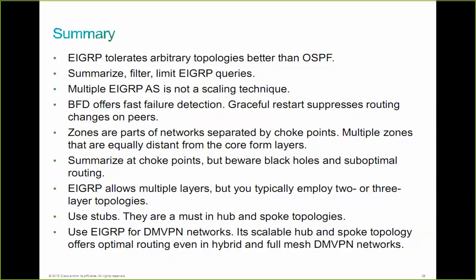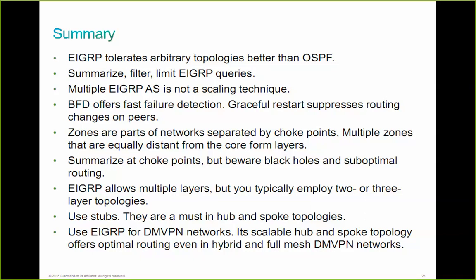Zones allow us to logically separate through these things called choke points. Choke points is where we apply our summarization techniques and so on, and multiple zones that are equally distant from the core form the layers of our network.